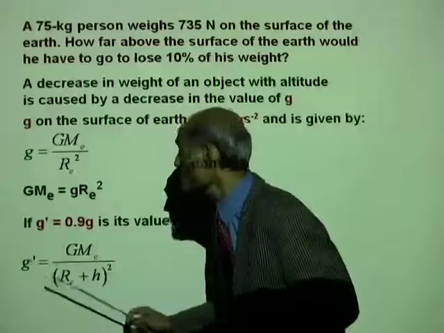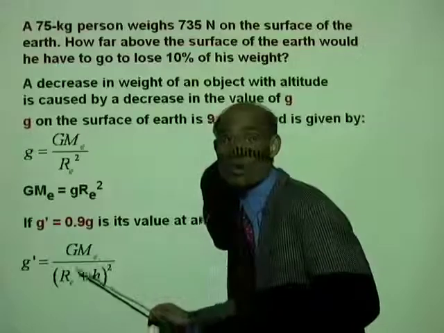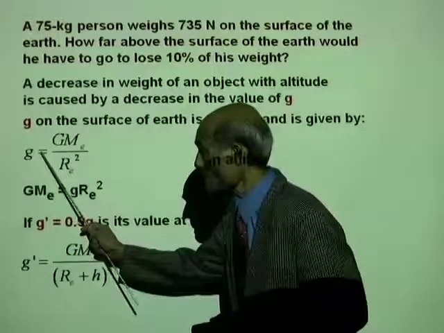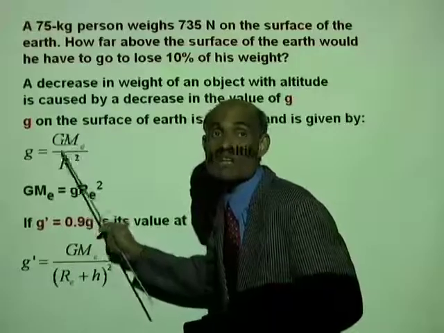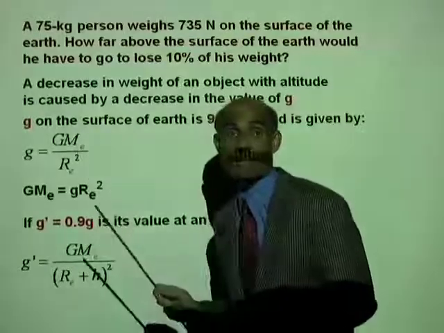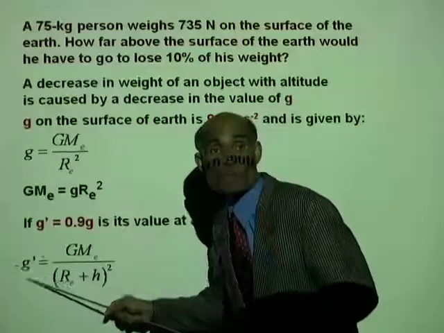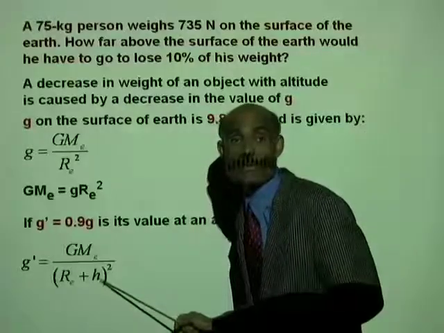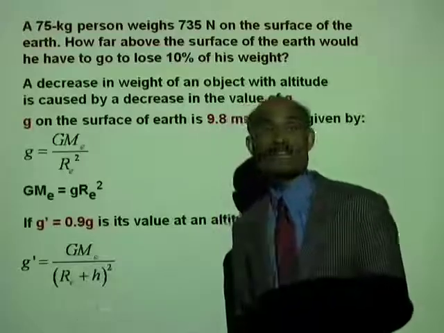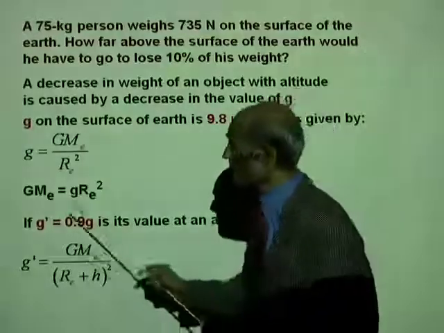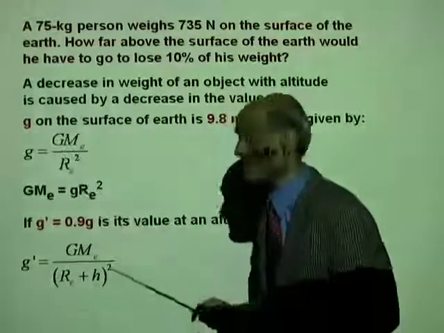So g prime equal to GME over (Re plus h) all squared. The value of g on the surface of the earth is GME divided by Re squared, and the value of g, which we call now g prime, at an altitude h is GME divided by (Re plus h) all squared. And this g prime is 90% of this g.